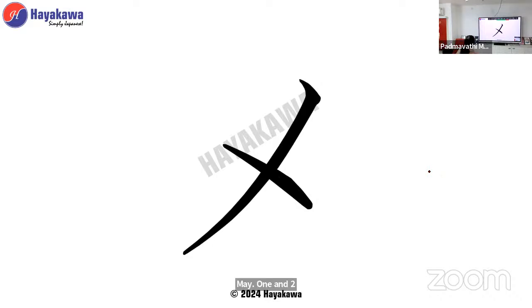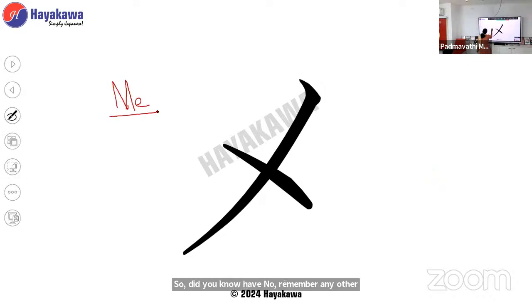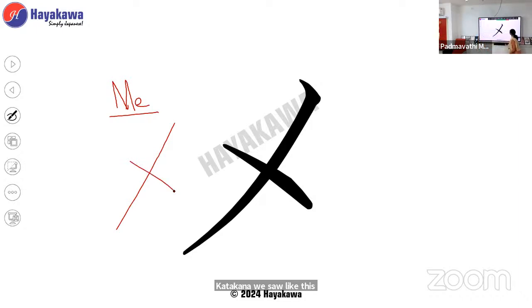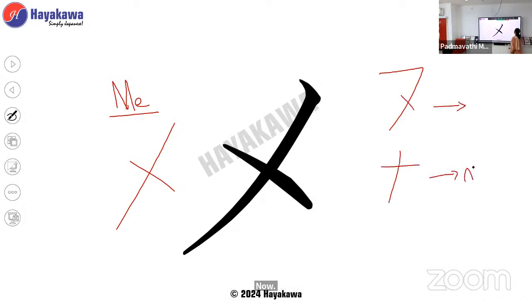So did you remember any other katakana we saw like this, similar? No. What is this? No. So in nu, we had it like this.